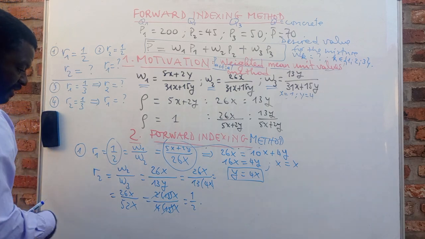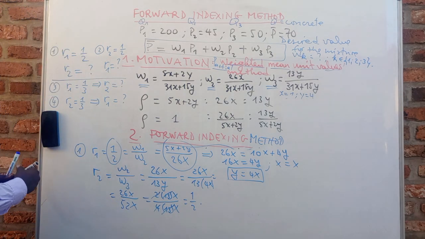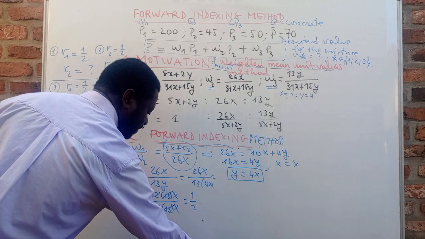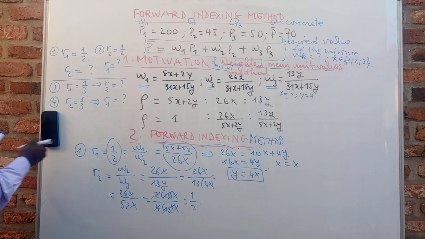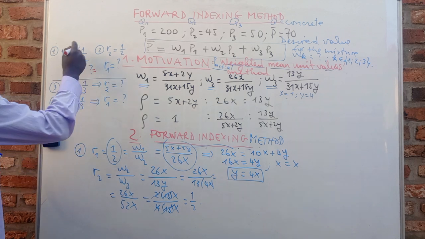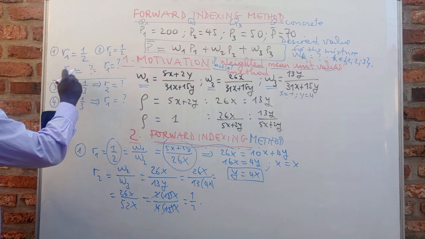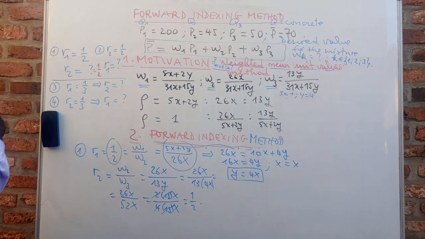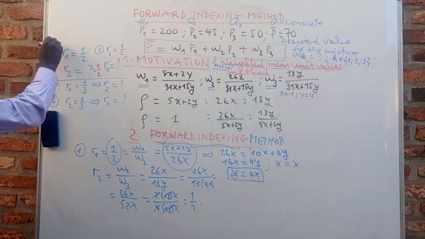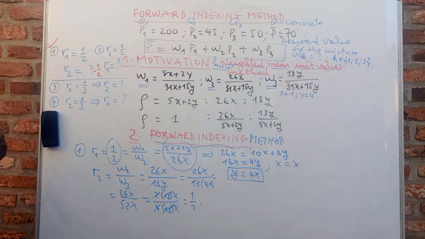Which means that our answer for the first question is that whenever R1 is equal to a half, R2 will also be equal to a half. First question is answered. Now, to these two ratios, we can calculate the ratio.